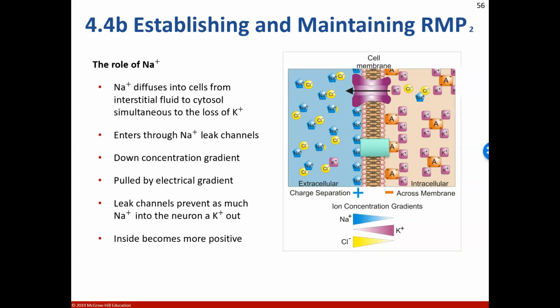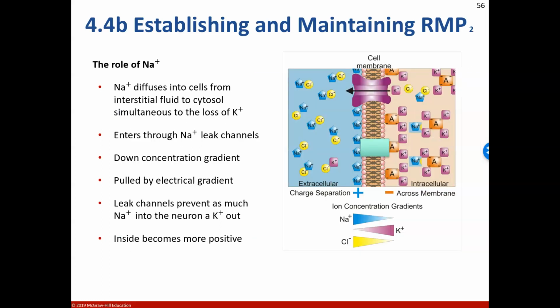Now let's talk about the role of sodium. Sodium is going to diffuse into the cells from the interstitial fluid to the cytosol, simultaneously to the loss of potassium. We don't show potassium moving out of the cell here, but that's what would happen.